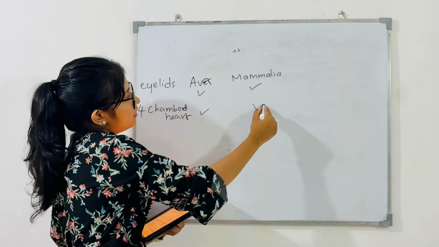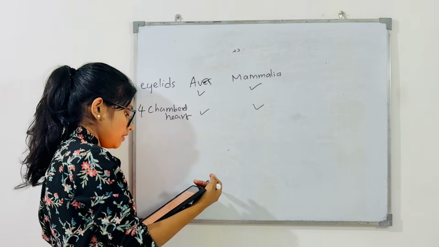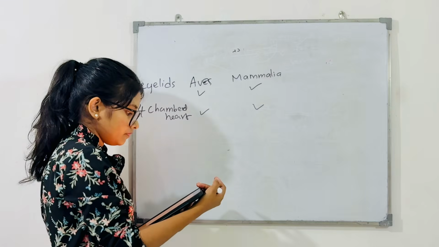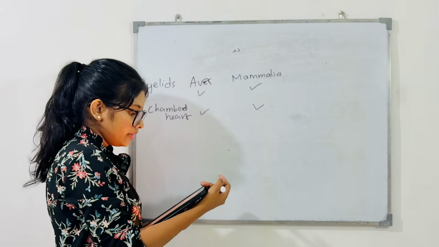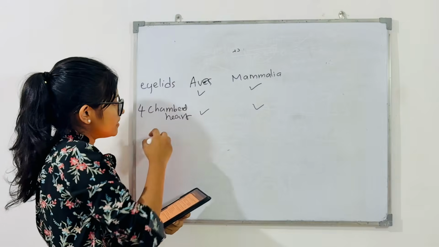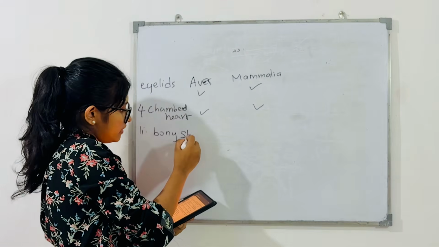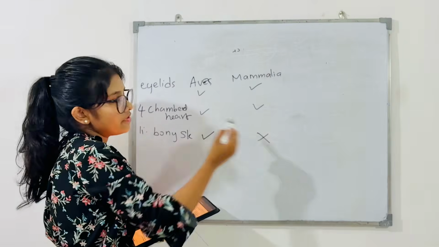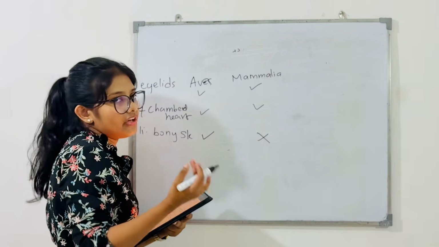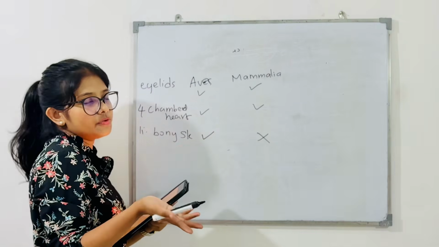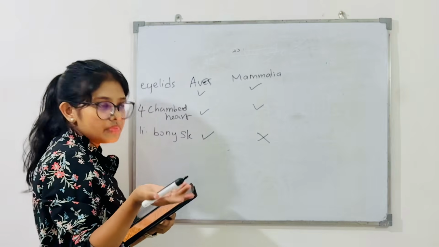Yes, they both have the 4-chambered heart, and the presence of light bony skeleton. Light bony skeleton is a feature of the aves. We do not have a light bony skeleton. We have a very heavy skeleton, right? That's why you are that much heavier than a bird, right?